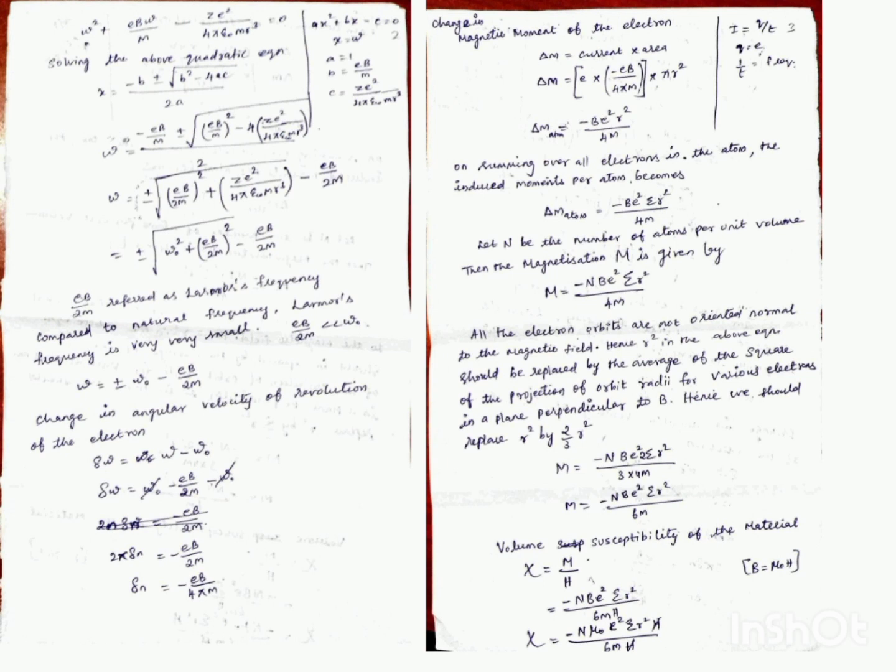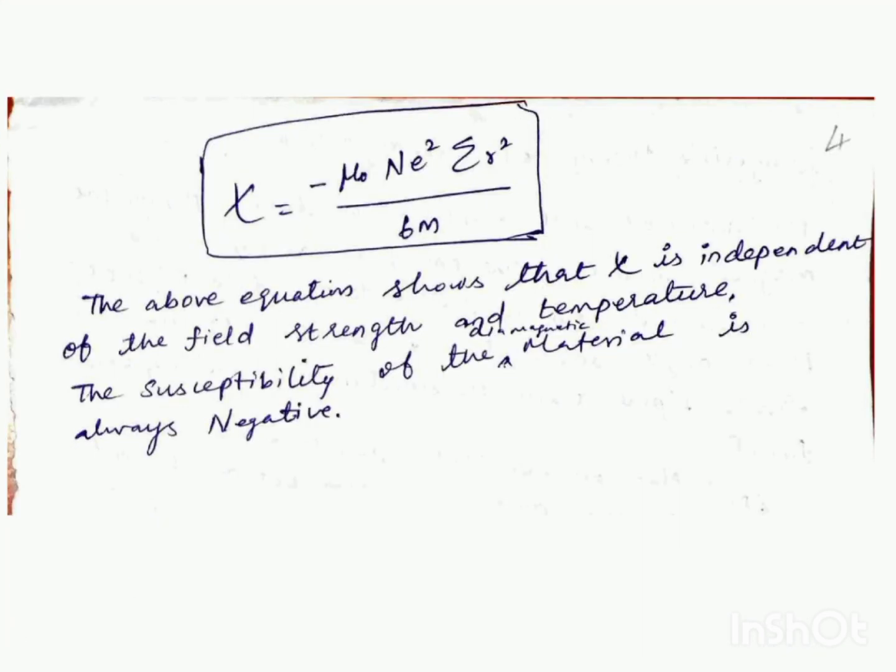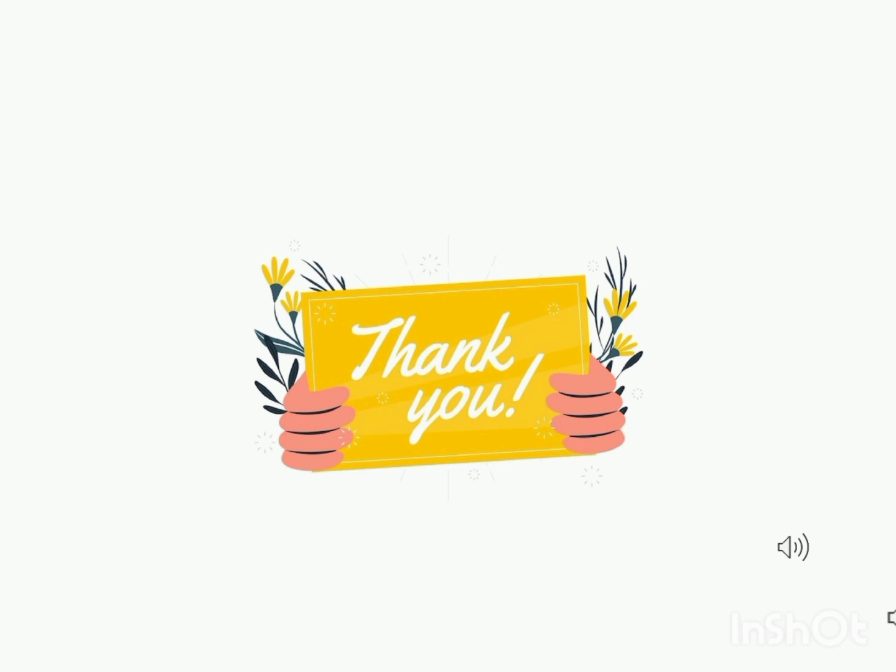It means the susceptibility is negative and there is no temperature term present. So we can say the susceptibility of a diamagnetic material is always negative and it is independent of its temperature. So this is about Langevin's theory of diamagnetic materials.